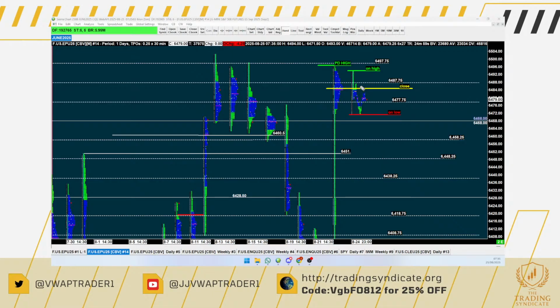If you were shorting when the market opened, and the short came down to this area, you can expect competitive buying. So that's where you would cover.